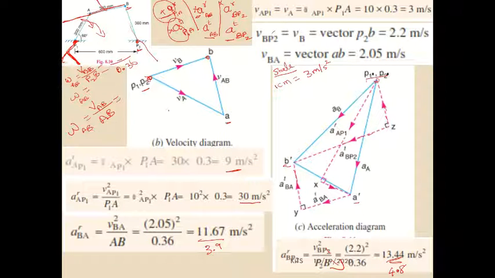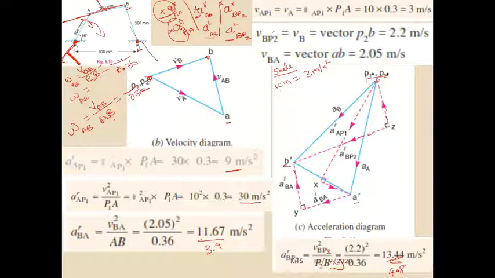Similarly, for the angular velocity of AB, the length of AB is 360, means 0.36 meter, and where is AB? So this is the AB from the velocity diagram. Measure the length of AB, you will get the velocity of AB. Write it here and divide by 0.36, you will get the angular velocity of AB.